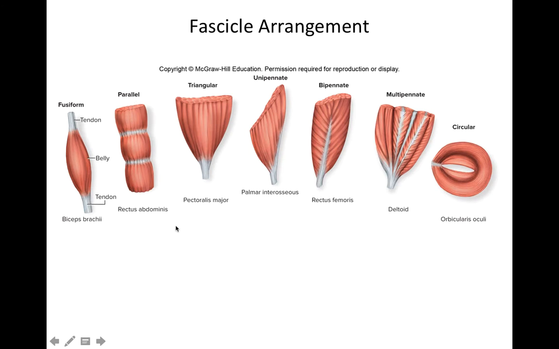So rectus abdominis is parallel, sartorius is parallel. Triangular, you've got multiple fascicles that are all sort of coming towards one point. So this looks like a triangle here. So pec major falls into this category.